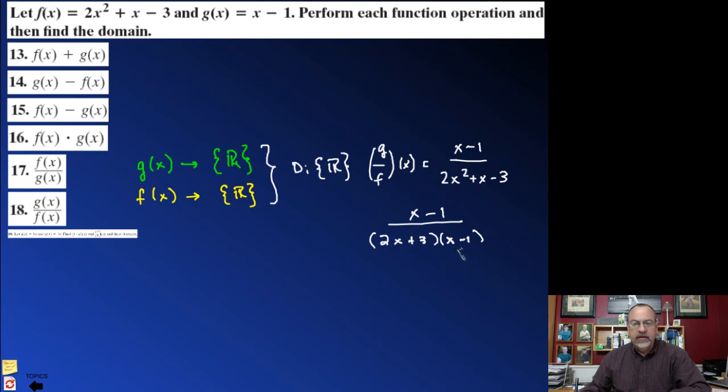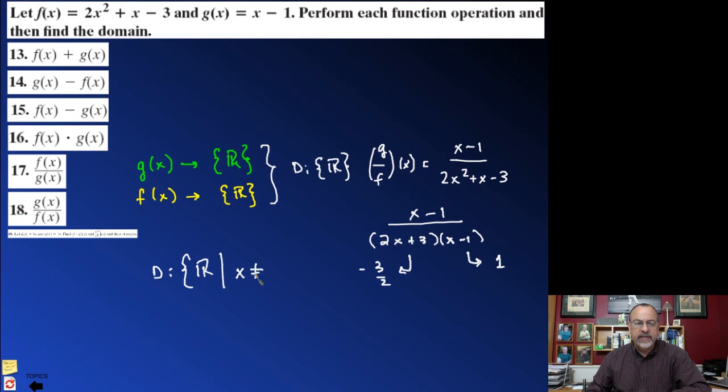Okay, now this is going to help me determine what makes this denominator 0. This is just like finding the zeros of a quadratic. So the number positive 1 makes this factor 0, and the number negative 3/2 makes this one 0. So my intersection domain is going to have some restrictions to it because this denominator function cannot be 0.